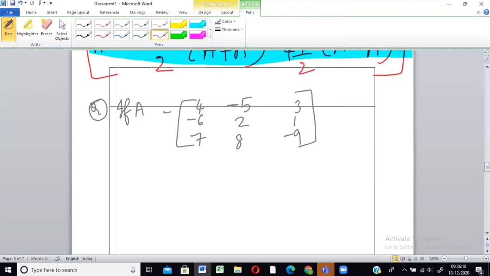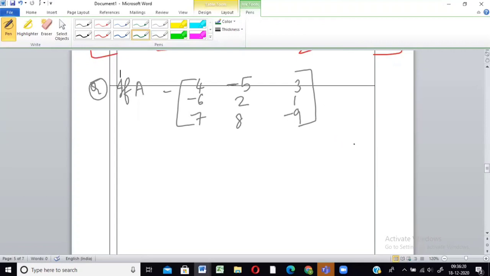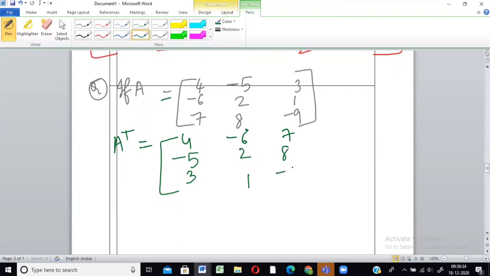Okay, fine. Of course, as we need A transpose, we're finding A transpose first. So A transpose is nothing but 4, minus 5, 3; minus 6, 2, 1; 7, 8, minus 9.